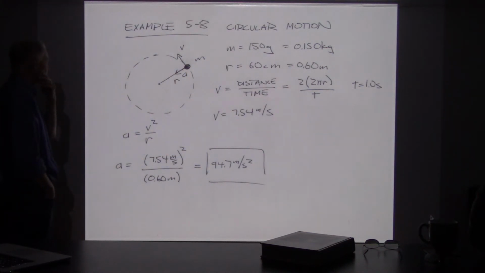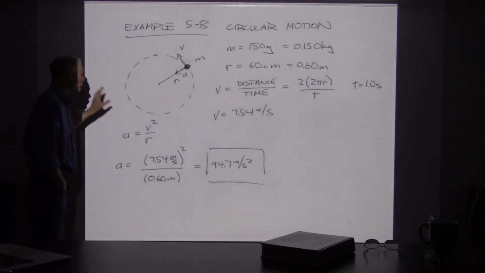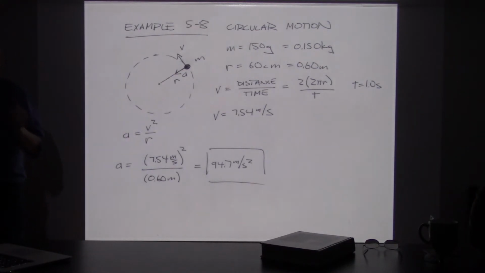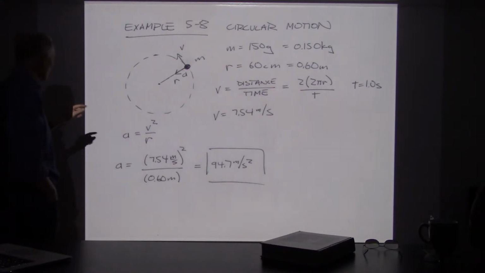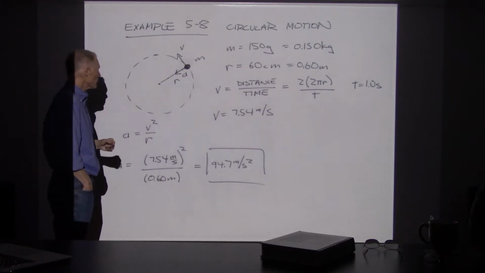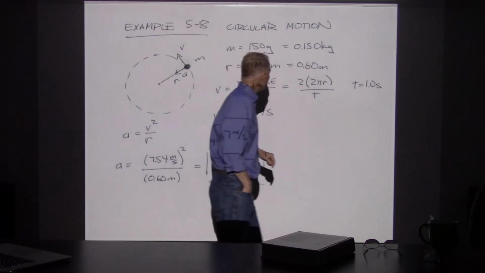Now, the formula that we had derived said that the acceleration for circular motion can be calculated as v squared over r. So we've got to find out what v is. We know what r is. R was given as 0.60 meters. V is going to be a distance divided by time.